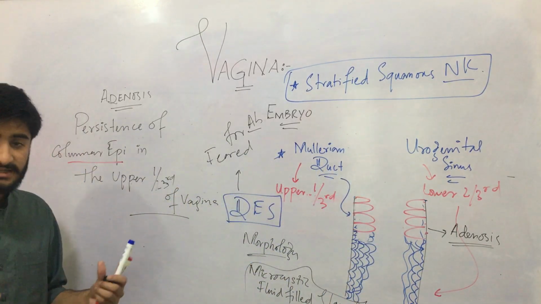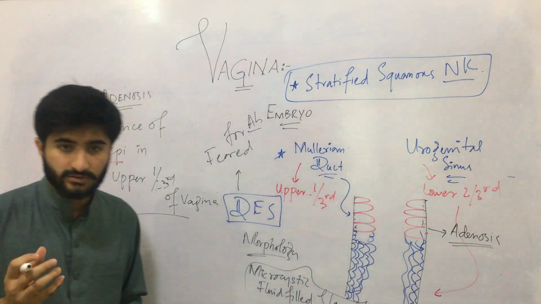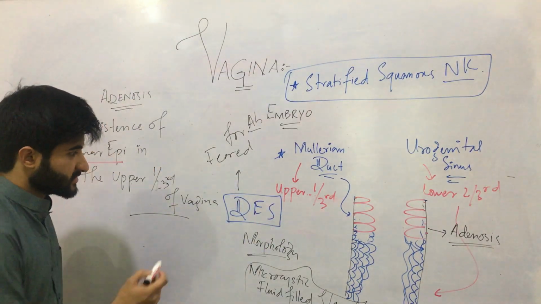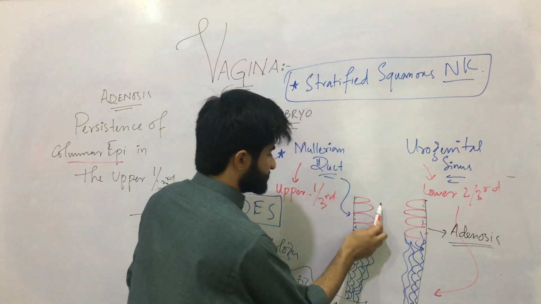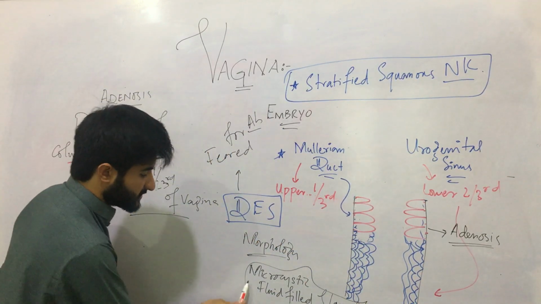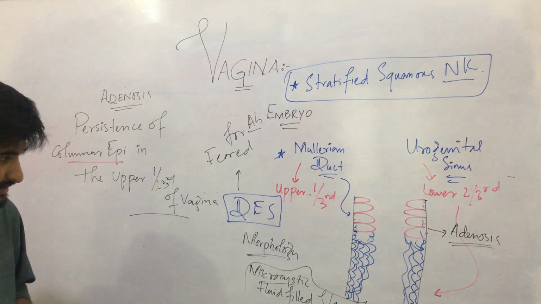This means that this columnar epithelium is basically glandular in nature. So, as in adenosis, there is columnar epithelium, along with which you can appreciate these microcystic fluid-filled vacuoles.